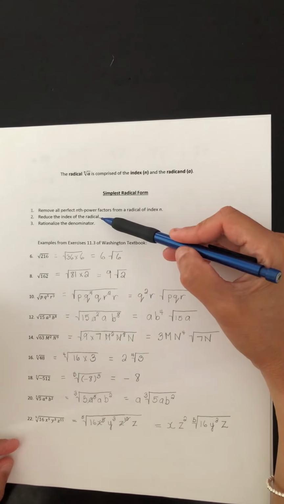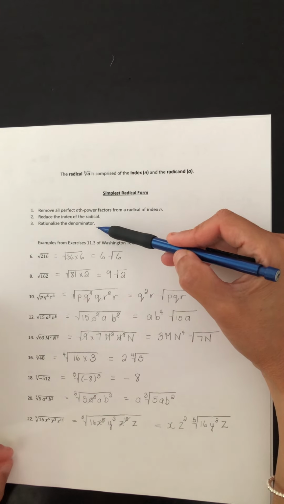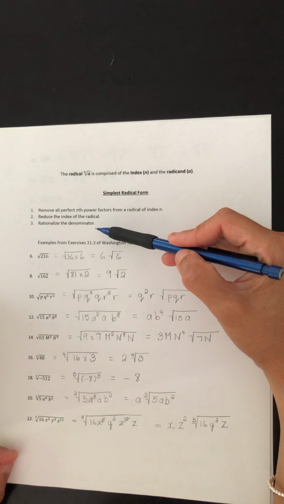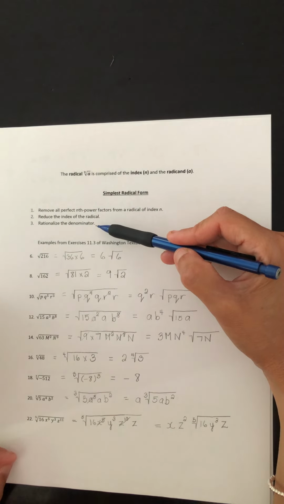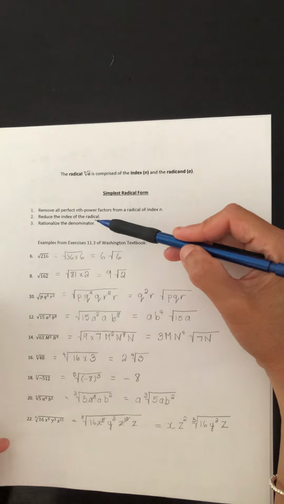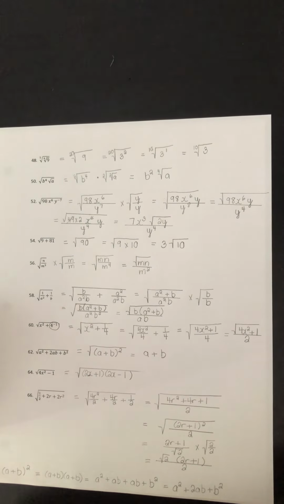You need to reduce the index where possible, and you must also make sure you rationalize the denominator where applicable. So it would be great if you now tried the odd numbered problems. Okay, so again, this is exercises 11.3 from your textbook. When you're trying the odd numbered problems, of course, you'll be able to check your answers, which are at the back of your textbooks.